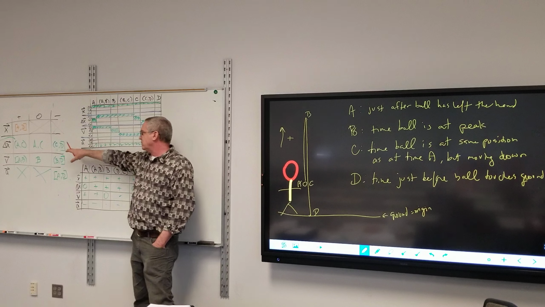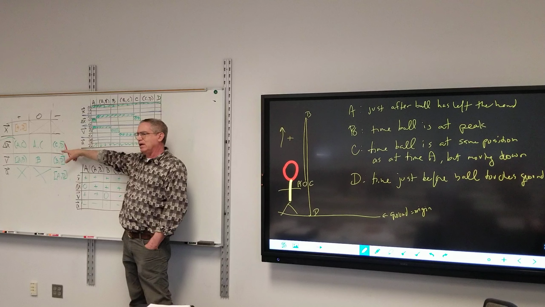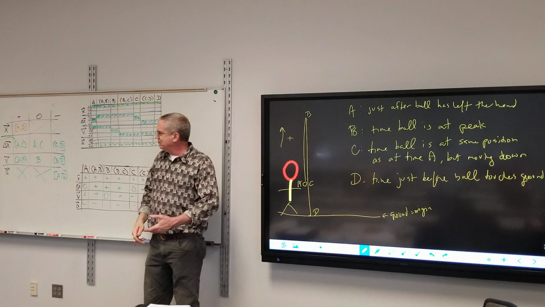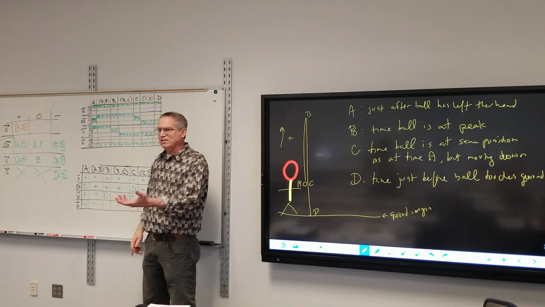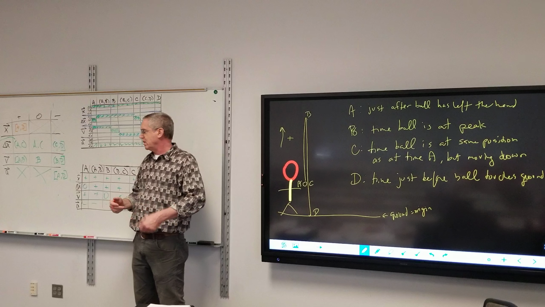One of the issues that some students have with this method, when they don't really understand, is they view A, B, C, and D as points in space and not moments in time. A and C are the same to them. And A and C are not the same. They're different times, moments in time.